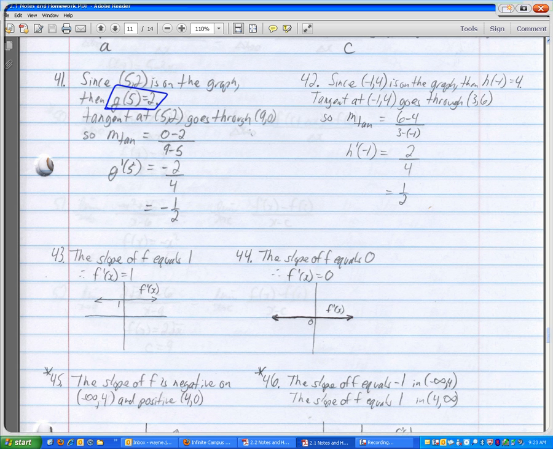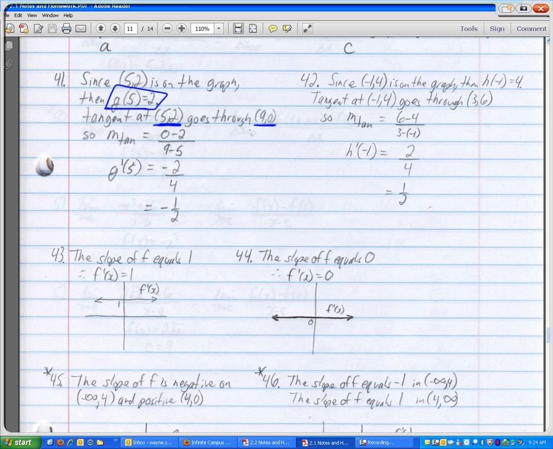Now, they tell us that the tangent line from that point goes through the point 9, 0. So I know that 9, 0 is on the tangent line. They told me. Well, if I have 2 points, can't I find the slope of the tangent line?